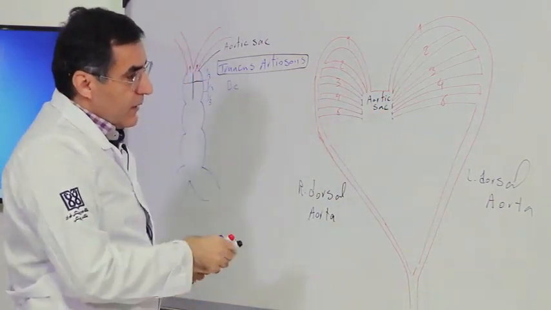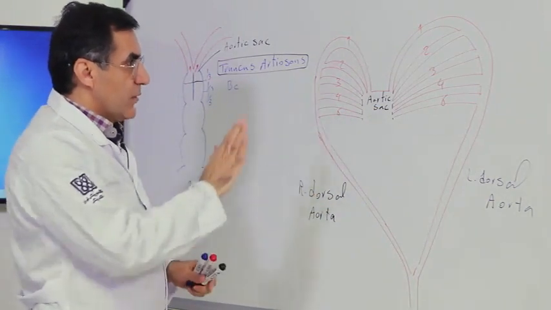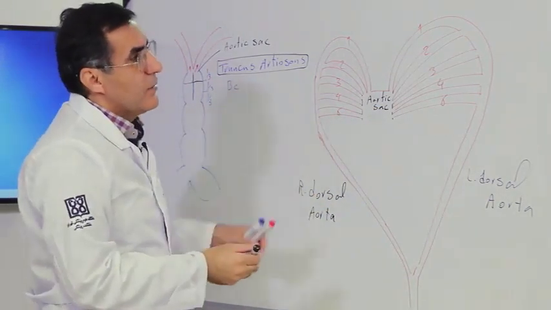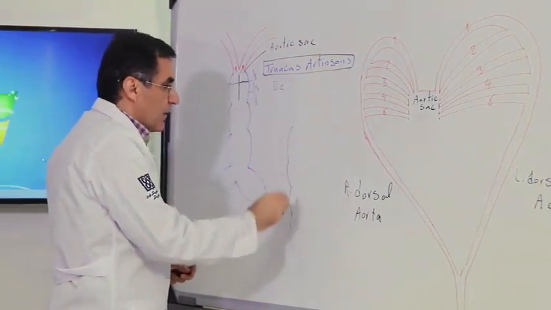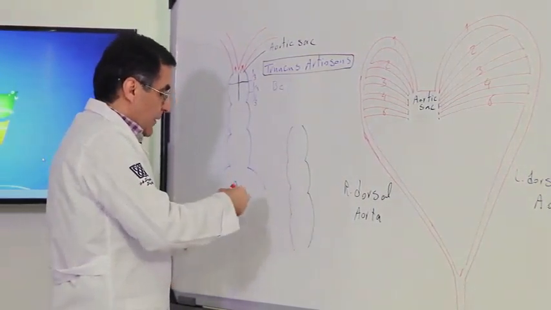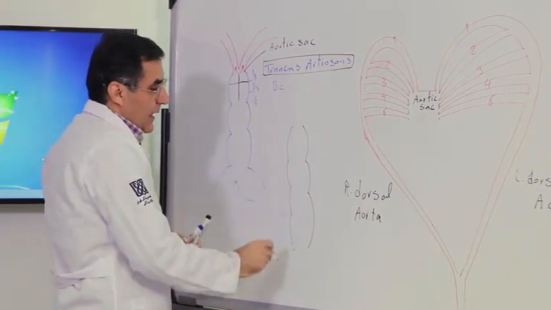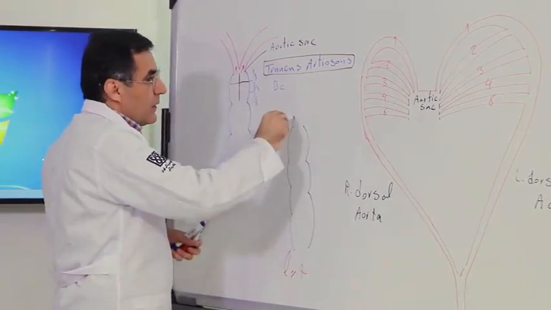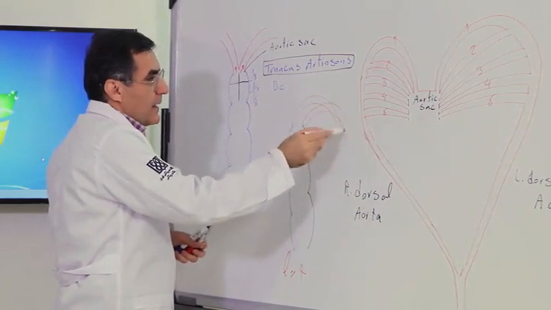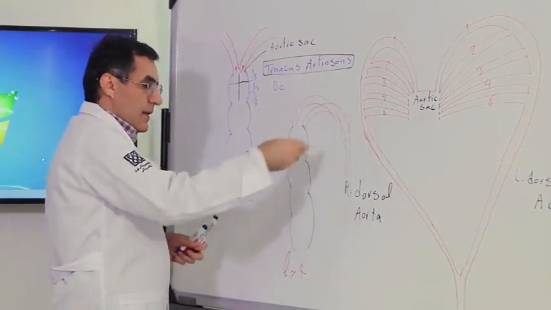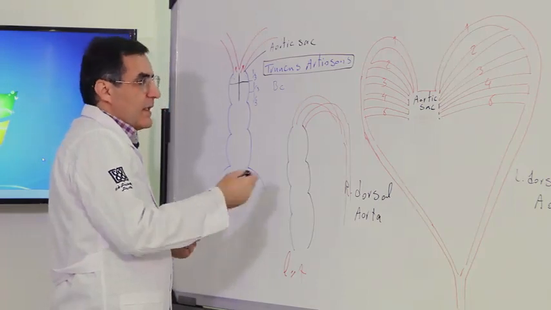This is a two-dimensional picture, and you can see it in the anterior view. But if you look at the heart from the lateral side, this is a lateral side view. This is the first, second, until the sixth.